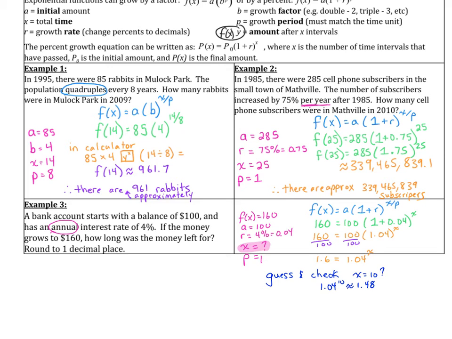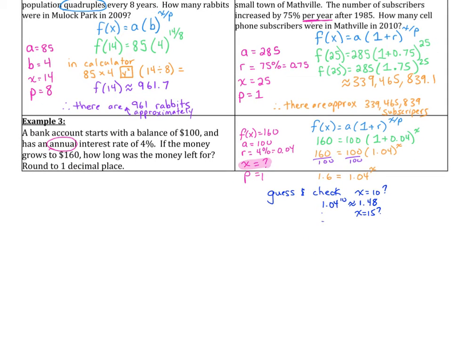So we need to go a little bit higher than 10. Let's maybe try 15. So 1.04 to the 15 is approximately 1.8. So that's too low. So let's try maybe 12.